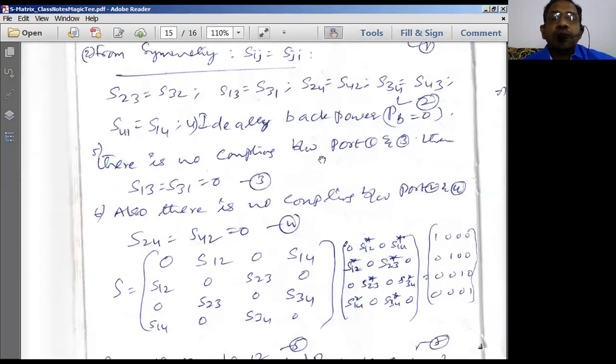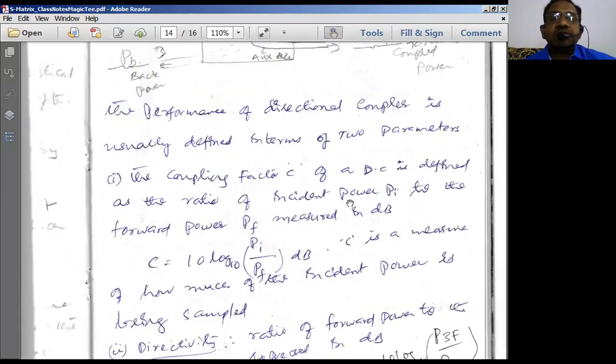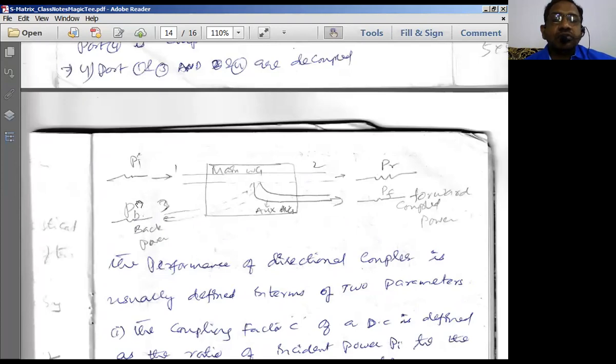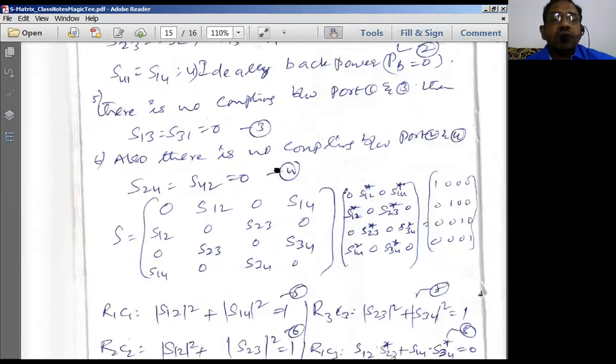So there is no coupling between port 1 and port 3. That means in the directional coupler, there is no coupling between port 1 and port 3. So since the coupling between port 1 and port 3 is 0, what can I write? Port 1 to port 3 is the same as port 3 to port 1. Coupling is 0. Therefore, that particular scattering parameter is always going to be equal to 0.